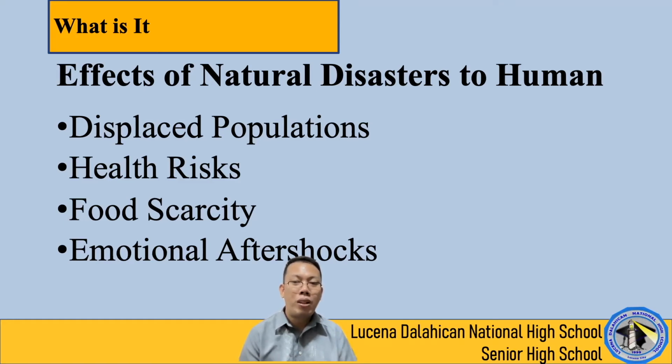To the point na pag naubos na yung pagkain doon sa loob ng city or ng municipality or ng town nila, what will happen? There will be food scarcity. Okay? So that's why the tendency is, kapag may mga possible disaster, pinaghahandaan talaga yan ng local government or even the national government.